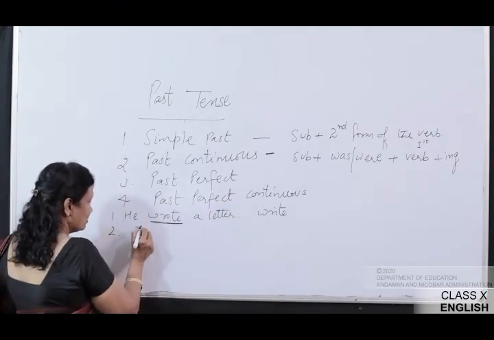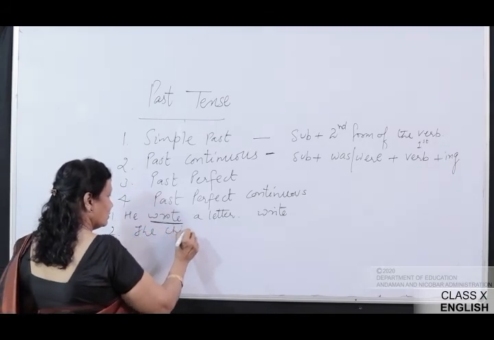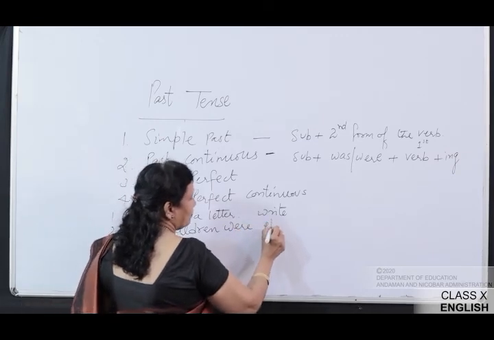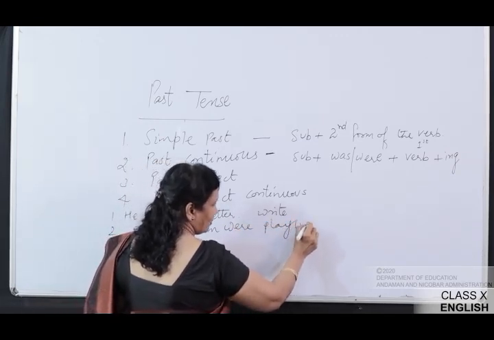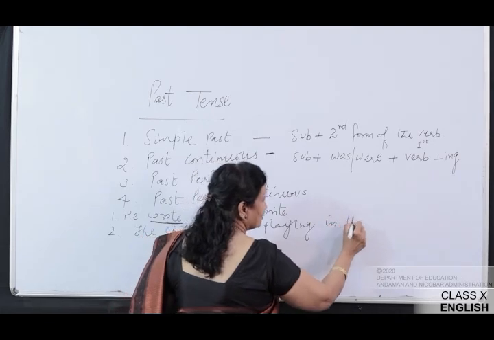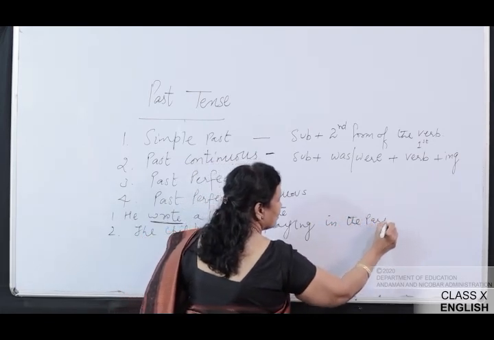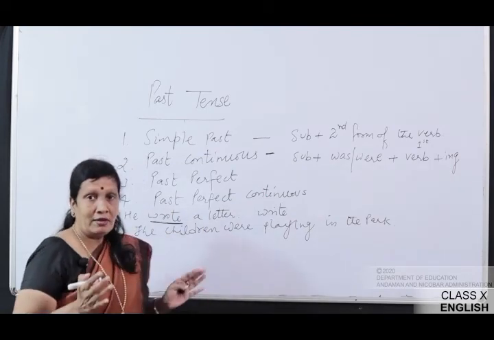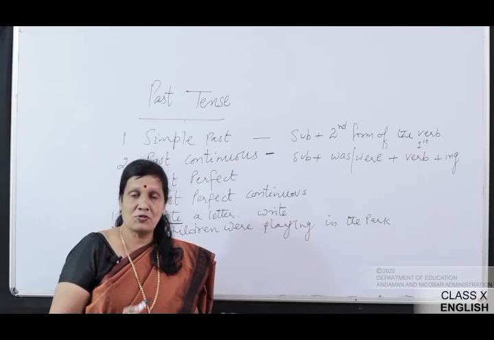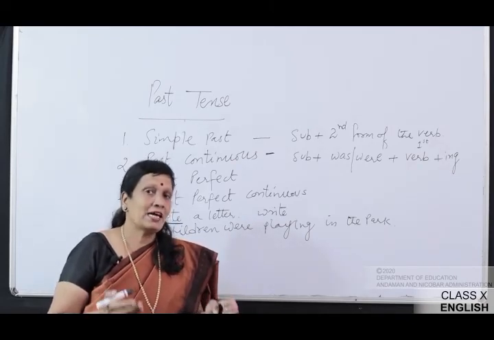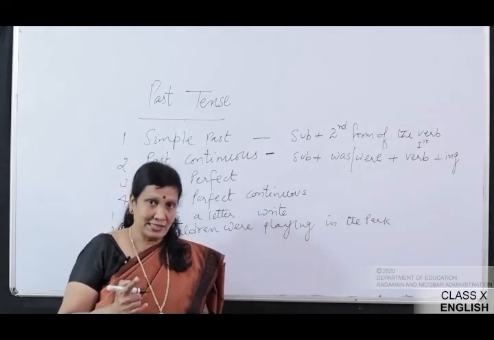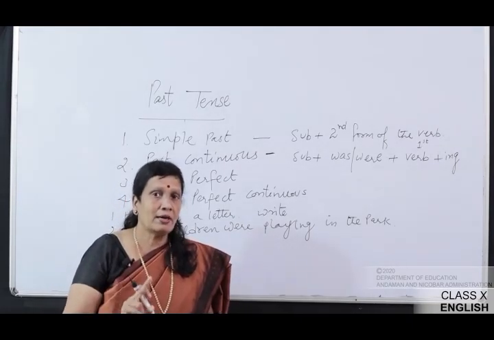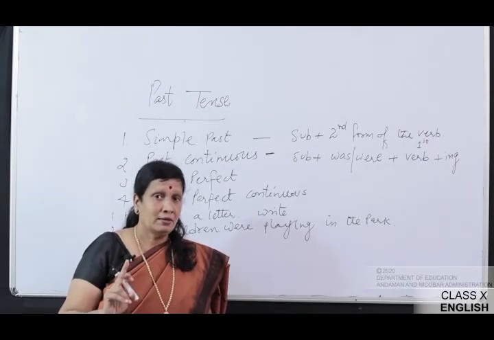That means, the children were playing in the park. Now whenever we are practicing exercises related to the tenses, as I had told you while teaching the present tense, you need to be very careful about the singular number and the plural number, right?